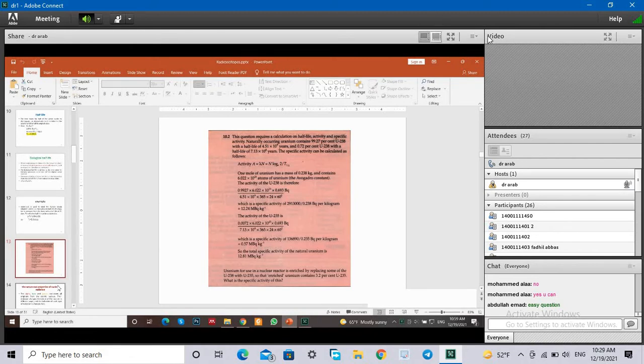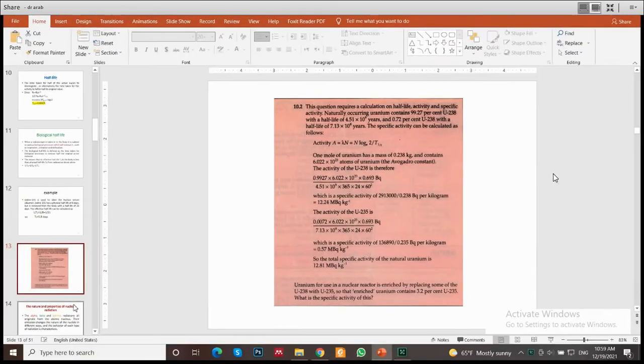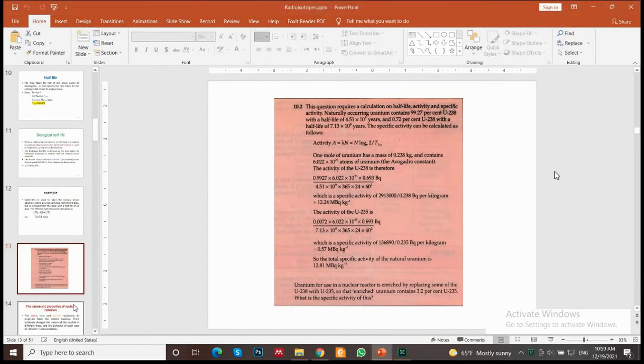It is interesting to know that natural uranium consists of 99% uranium-238 with a half-life of 4.5 multiplied by 10 to the 9 years, and nearly 0.72% of it is uranium-235 with a half-life of 7.30 multiplied by 10 to the 5 years.